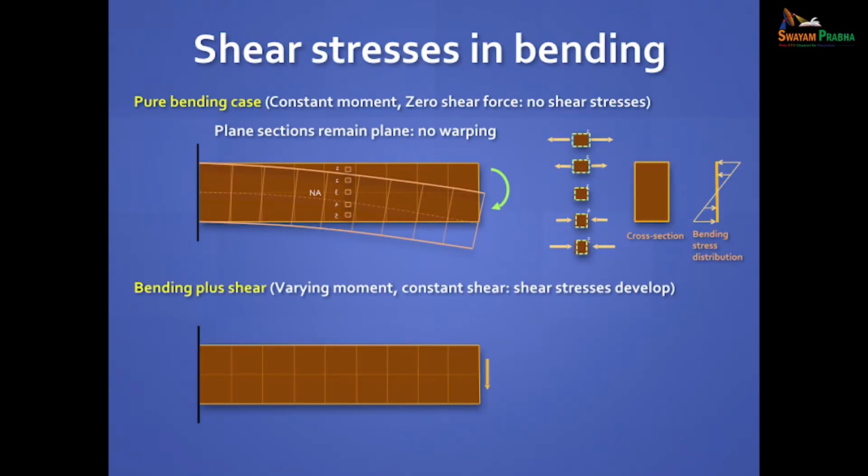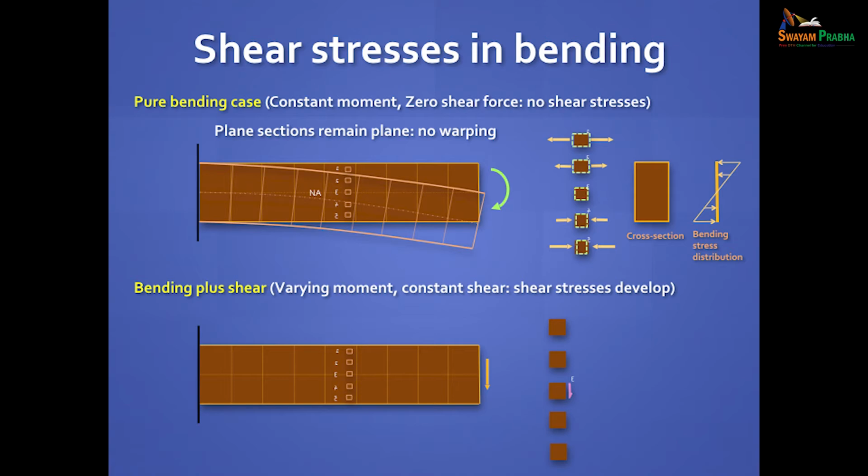and you know this, now if you apply, instead of a moment, you apply a force here, the deflection overall will still look the same, but what's going to happen is, in this region you will get maximum shear stress.